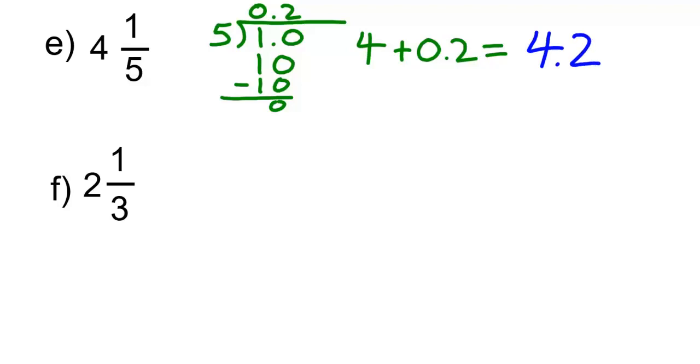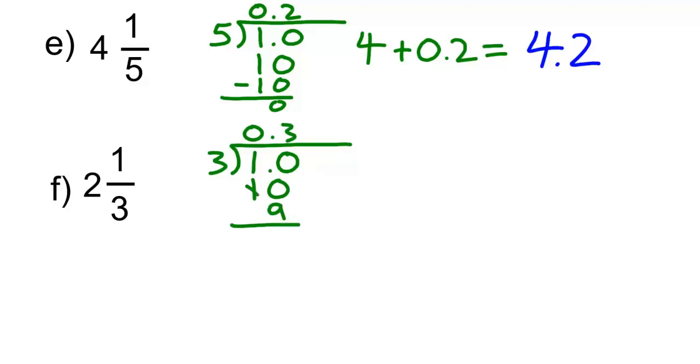For the next mixed number, we'll keep the whole number out of it. 3 goes into 1, 0 times. Add a decimal, add a 0, bring down the 1 and the 0. 3 goes into 10 3 times. 3 times 3 is 9. 10 minus 9 is equal to 1.